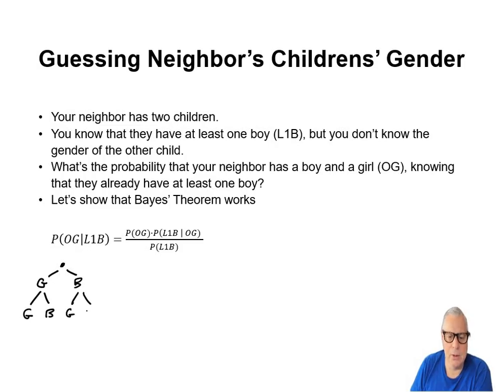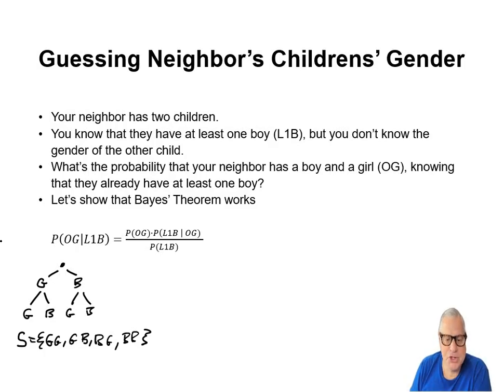So the entire relevant set of having two children could be two girls, then a girl and a boy, then a boy and a girl, and then a boy and a boy. Those are the four ways we can have two children: girl girl, girl boy, boy girl, boy boy.